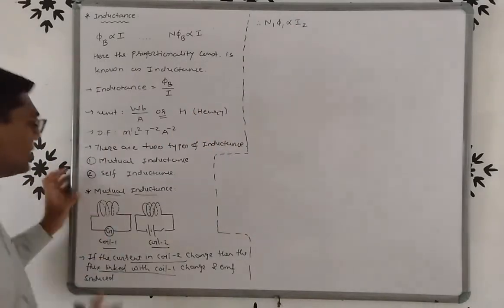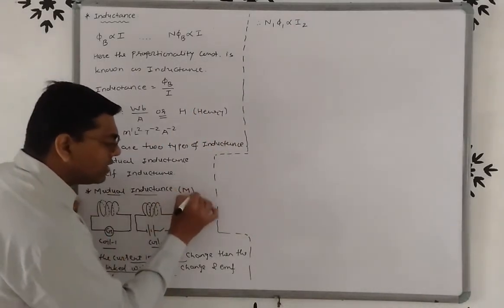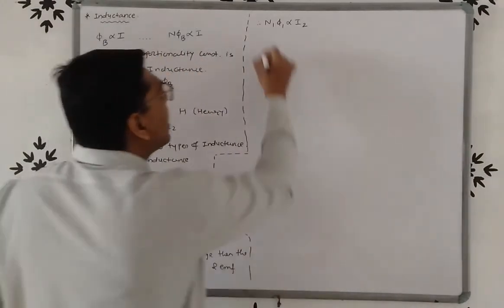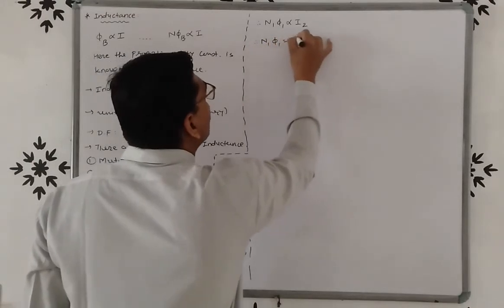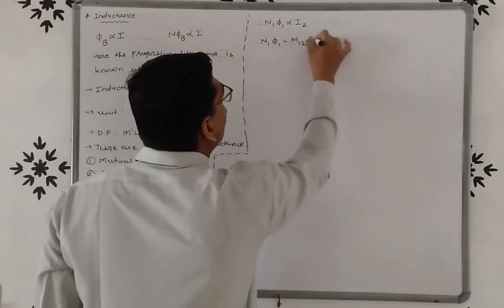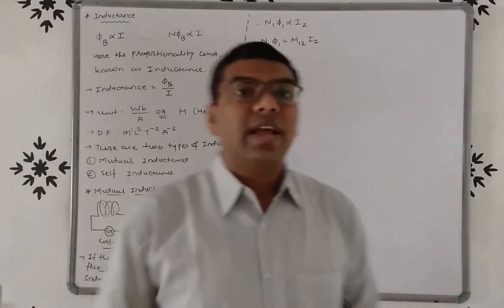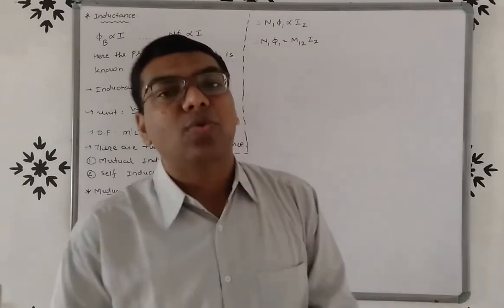But here we discuss mutual inductance. This mutual inductance is denoted by capital M. So we can write n1 phi 1 is equal to m12 I2. This m12 is known as the mutual inductance of coil 1 with respect to coil 2, right?